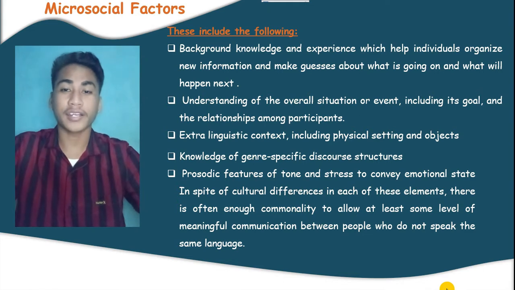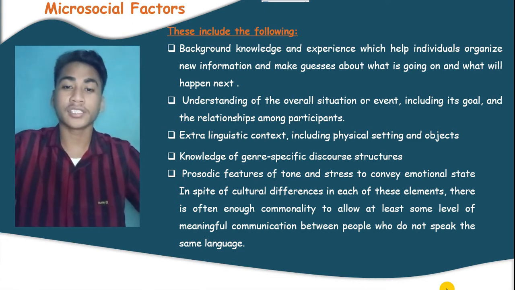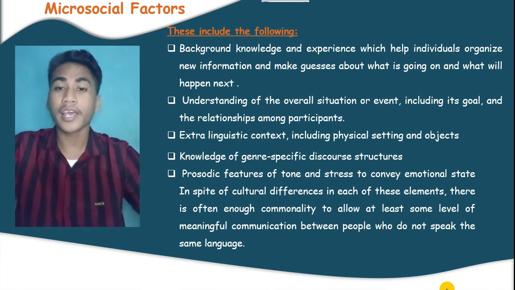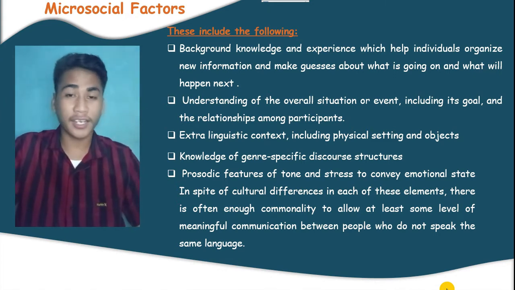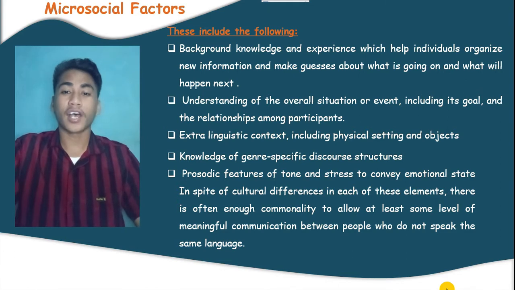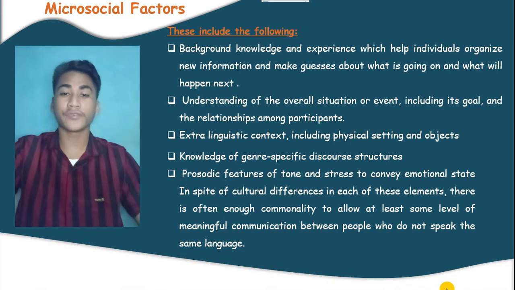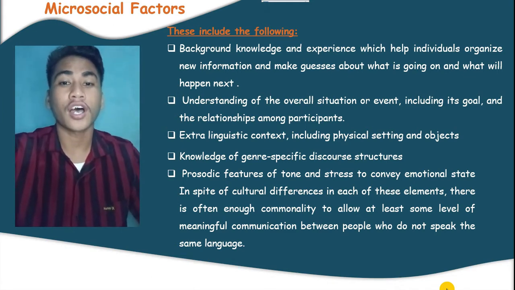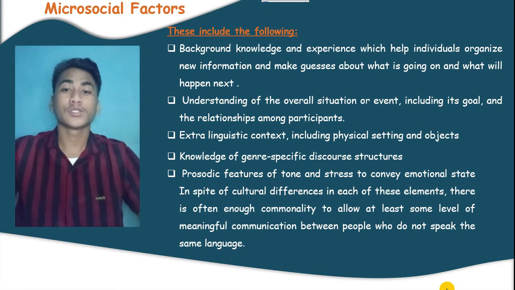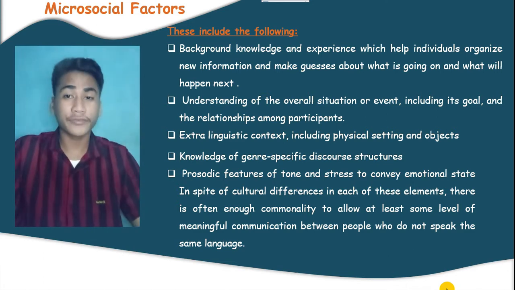The second, understanding of the overall situation or event, including its goal and the relationship among participants, and extra-linguistic context, including physical setting and objects. And the third, knowledge of genre-specific discourse structure, and prosodic features of tone and stress to convey emotional state in spite of cultural difference.